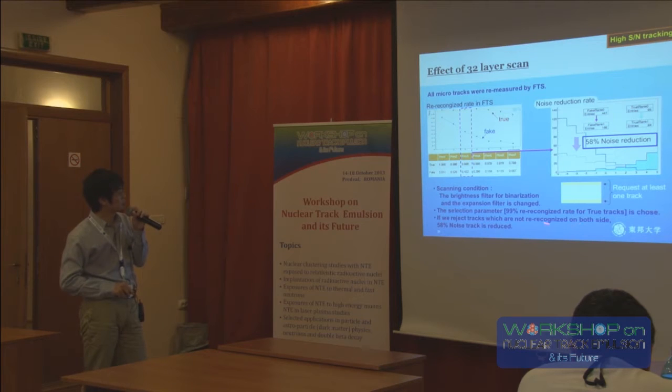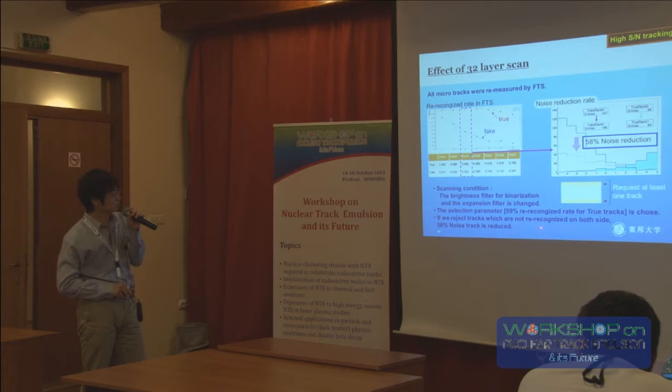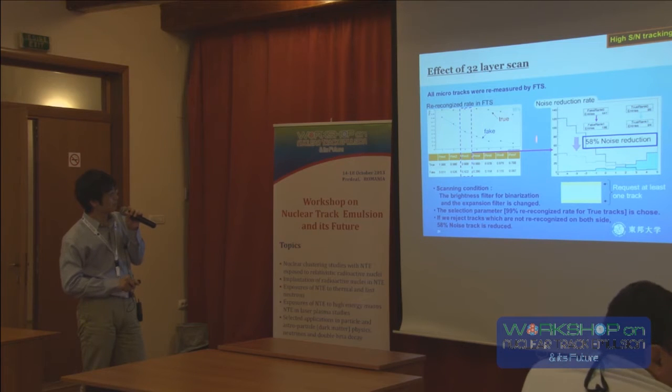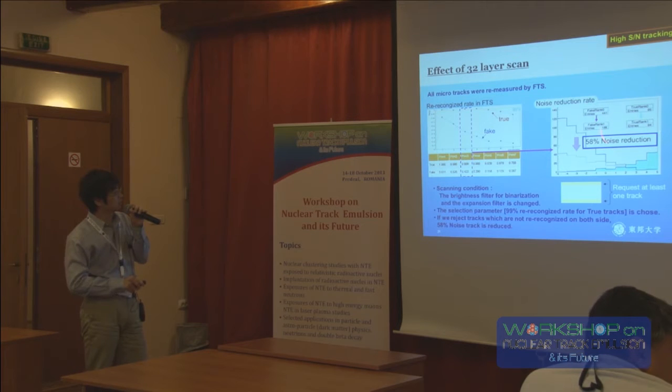And if we require at least one track for 2 layers, in this case, if we reject tracks which are not recognized on both sides, 58% of noise tracks are rejected, but true tracks keep the high efficiency.